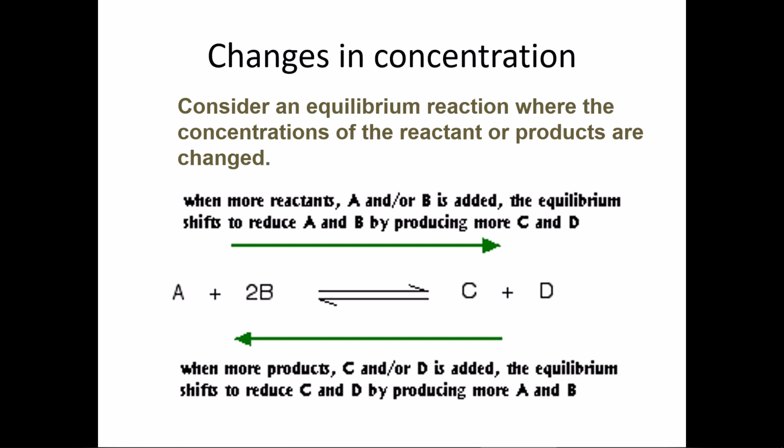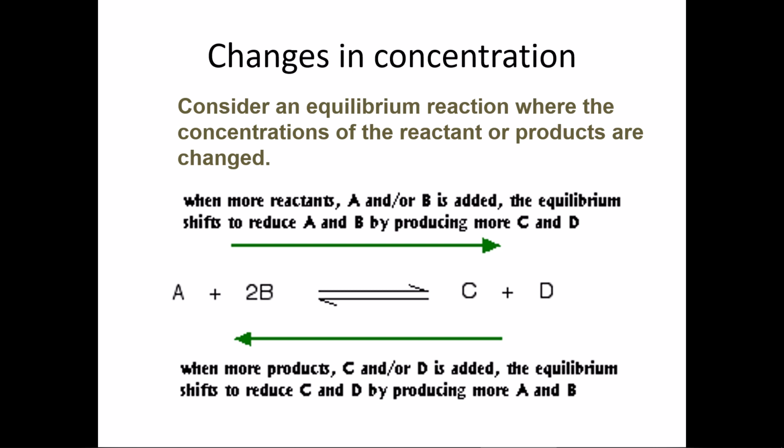So let's say we have a reaction A plus 2B creates C plus D. In this reaction, if A, B, C, and D are aqueous or gas components, altering any of those concentrations will affect the equilibrium and cause the reaction to shift to reach equilibrium again.